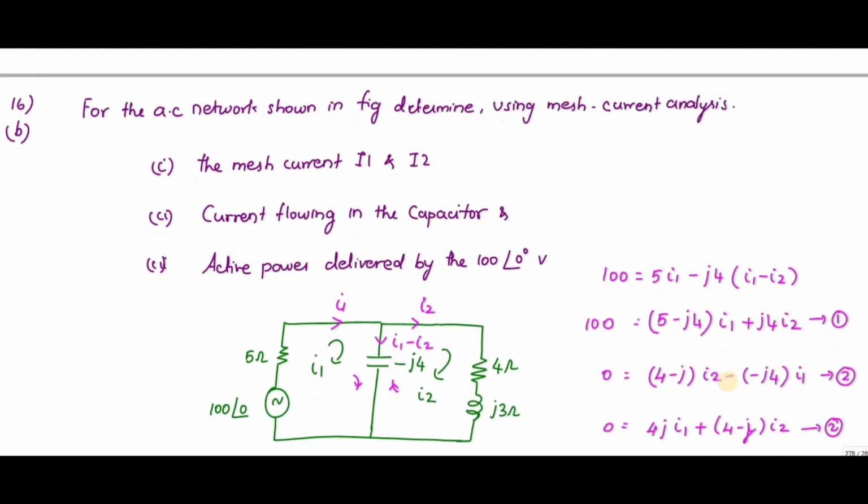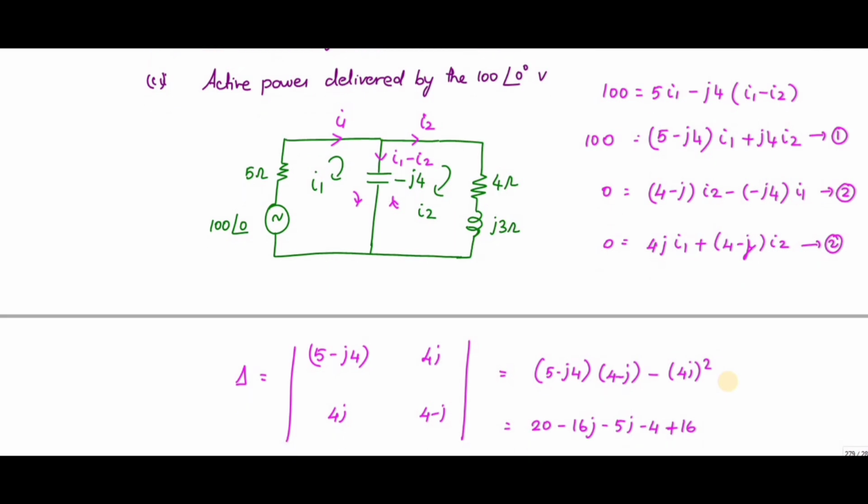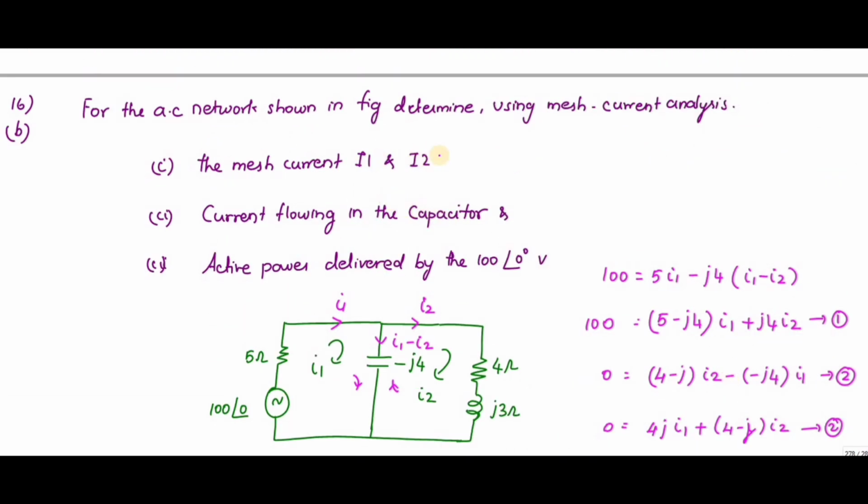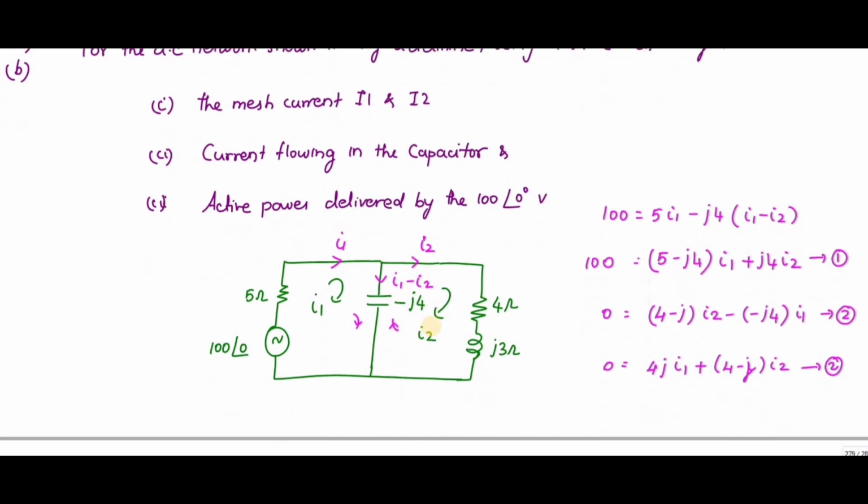So we have found the I1 and I2 they are asking about. What is the current that is flowing through the capacitor? The current flowing through the capacitor is I1 minus I2.